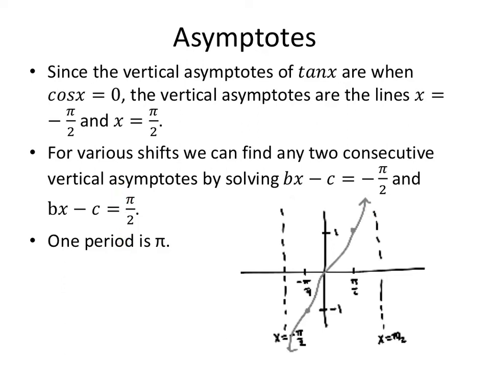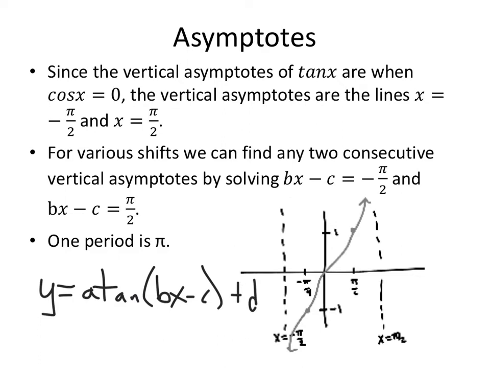And what the heck is bx minus c? Well, that's if y equals a tangent of bx minus c plus d. So the bx minus c is whatever is going on inside of the tangent, the argument of the tangent function.